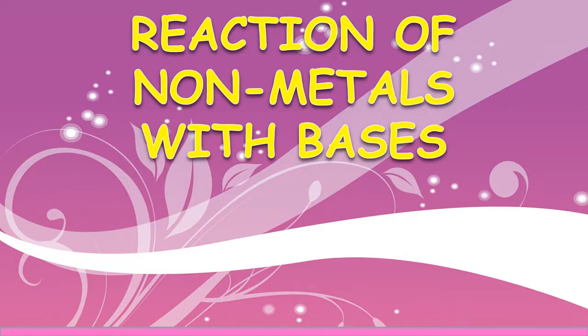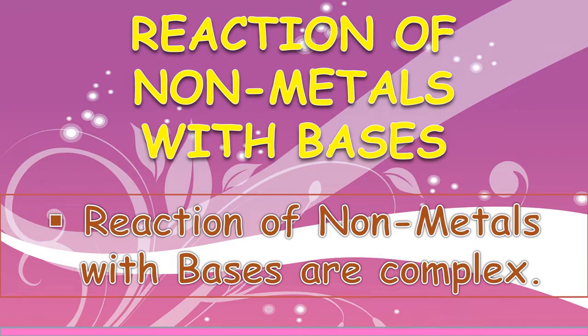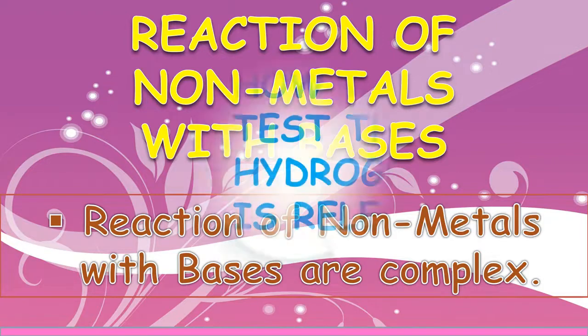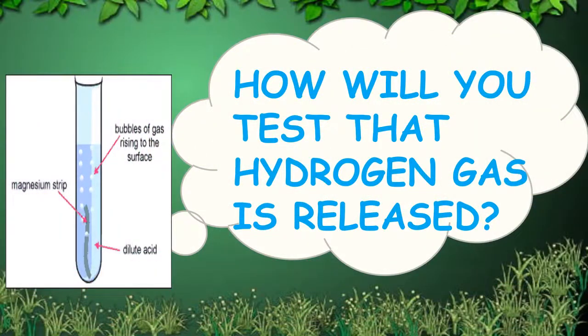Reaction of non-metals with bases. Reaction of non-metals with bases are very complex. You will study them in your higher classes. You have seen so far that hydrogen gas is released during various reactions.